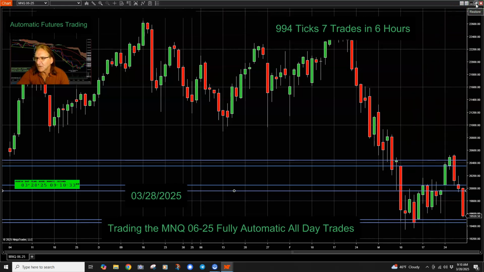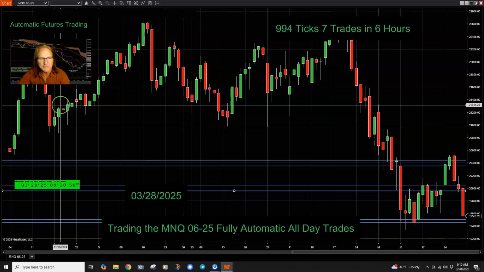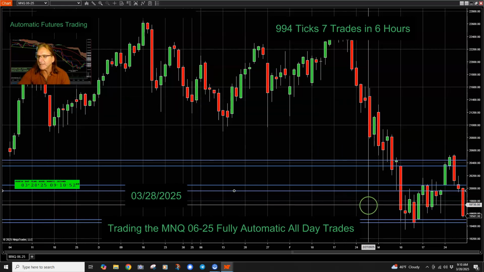I always like to be aware of where the gaps are. Up here you see there was a gap, and it filled when it was down here. It came up and filled that gap right there. You'll notice on your charts, same thing over here, a gap left here and it filled over here. So I like to keep an eye on those.